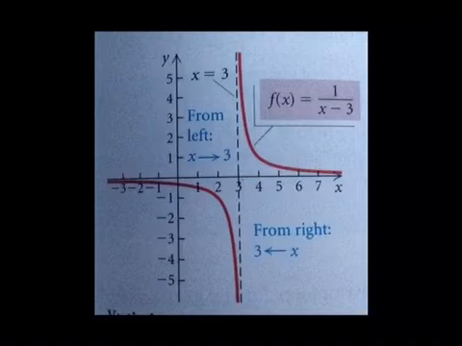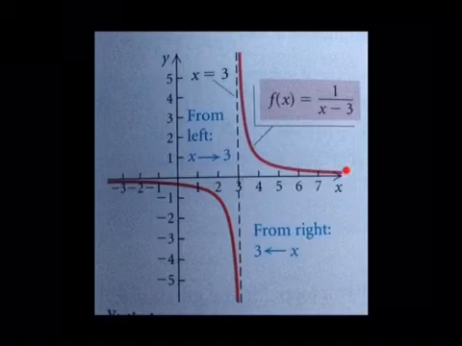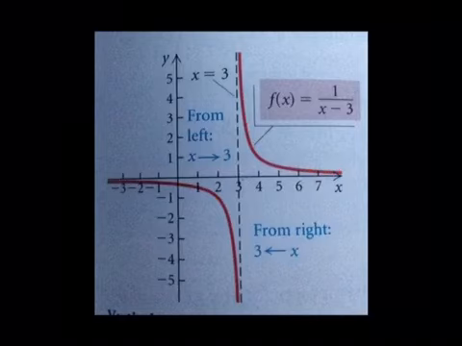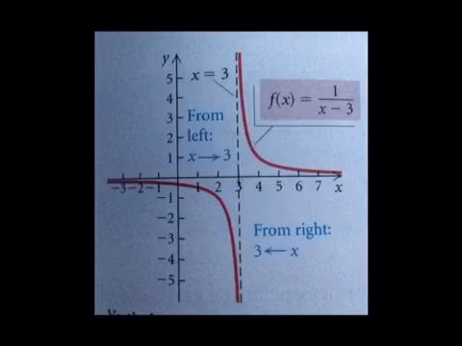As we approach from the left, our y value decreases without bound, meaning it goes on forever and ever. When we approach the asymptote from the right, it goes more and more positive without bound. So when they say without bound, that's what they're talking about.